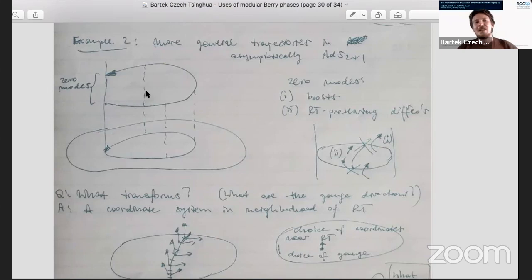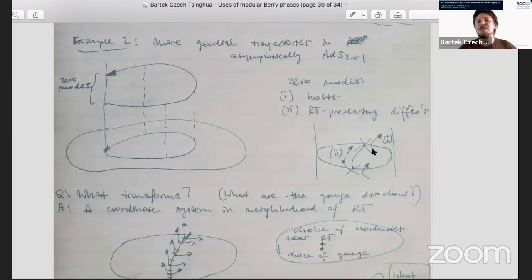And let's recall some of the general but abstract features of the problem we're studying, which is we have this bundle and vertical directions consist of 0 modes. And let's remember what those 0 modes are, because we had them in a table some time ago. They're either RT preserving diffeos, so things that move alongside the RT surface, or they are boosts.